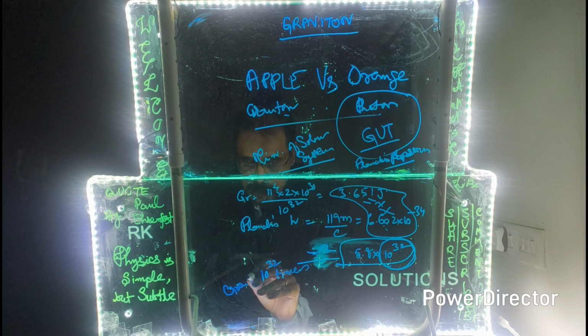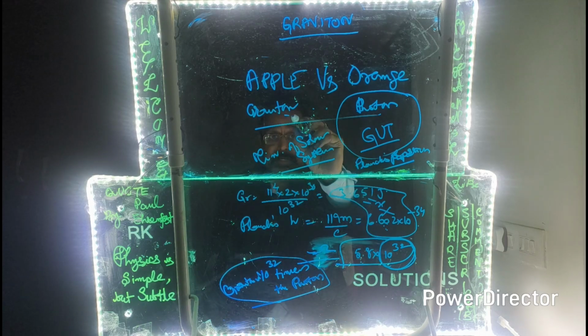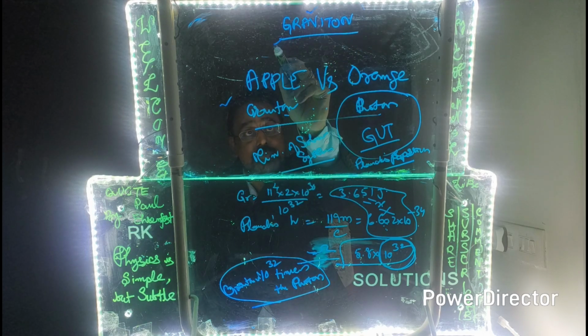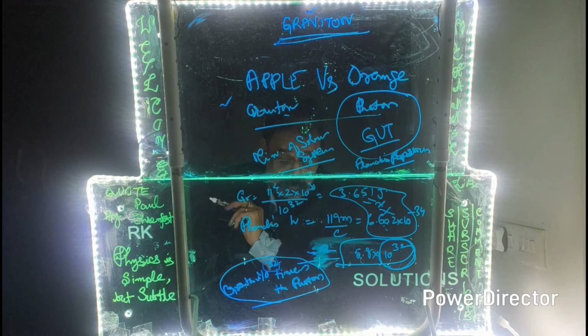The graviton is 10 raised to 32 times the photon, if what I tell you is correct. If my definition of graviton holds, then definitely it is 10 raised to 32 times more than the photon.